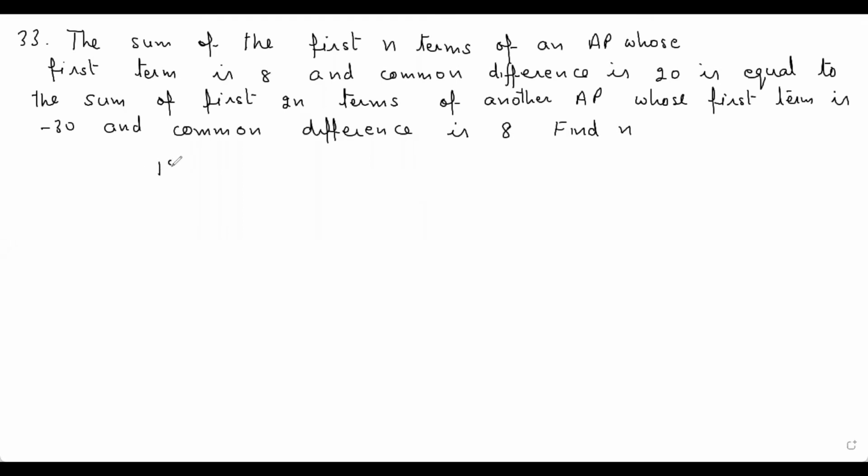Let this be the first AP and this be the second AP. Its first term is 8 and its common difference is 20. In the second AP, its first term a1 dash is minus 30 and its common difference d dash is 8.